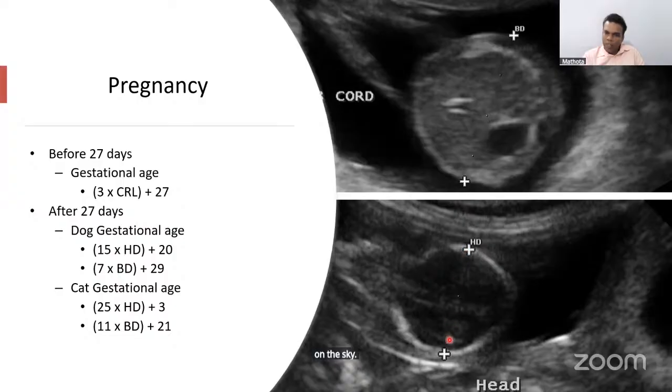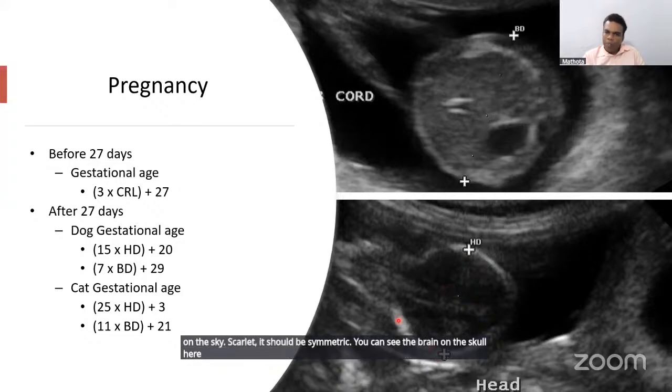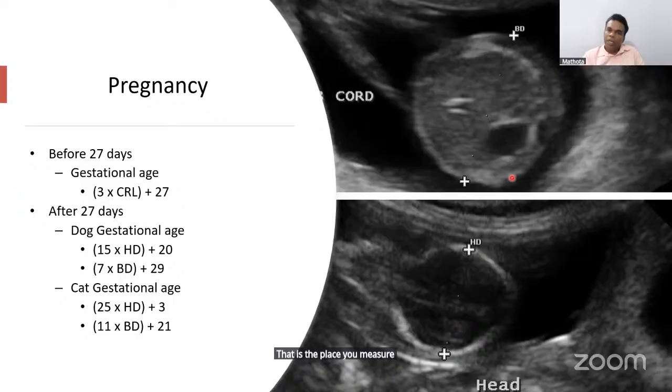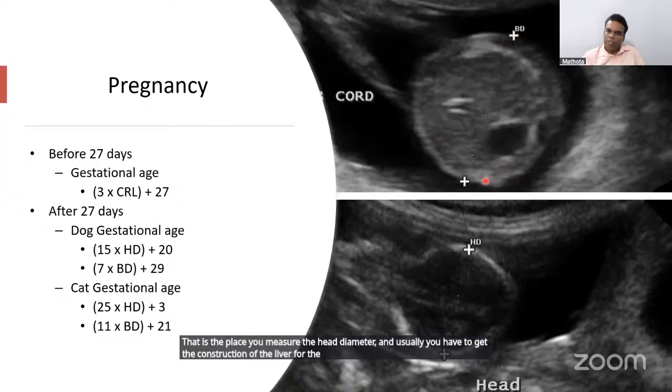The skull should be symmetric. You can see the brain on the skull here. It should be a symmetric view like this. Then you have to measure the diameter. That is the place you measure the head diameter. And usually you have to get the cross section of the liver for the body diameter. These are the two places we measure: body diameter and head diameter.